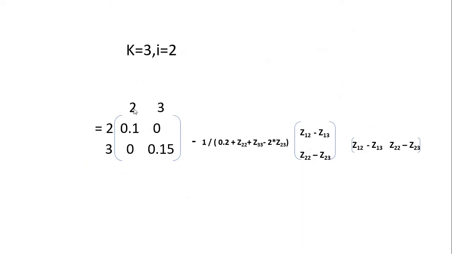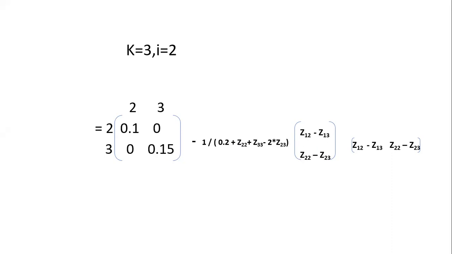Then substitute the Z-bus old matrix minus 1 by ZB or ZS. ZS means the element we are adding between the two old buses, that is element 3, plus ZKK, which means Z33 plus Z22 minus 2 into Z23, into Z1I minus Z1K and so on, where n is equal to 2.